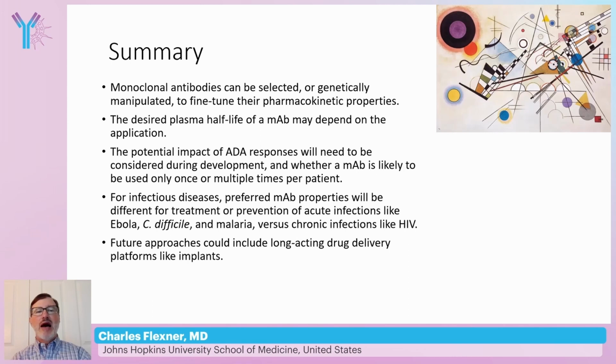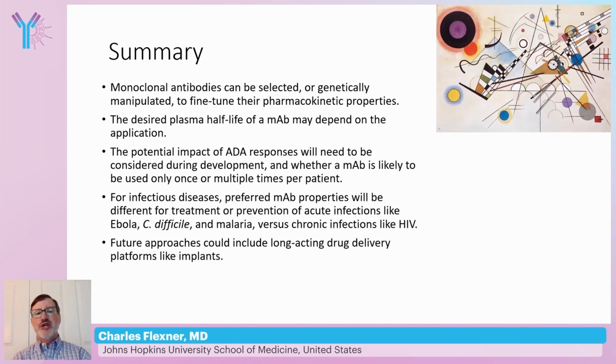We need to keep in mind the potential impact of anti-drug antibody responses, which will need to be considered during development, and particularly whether a monoclonal antibody is likely to be used only once or multiple times in the same patient.